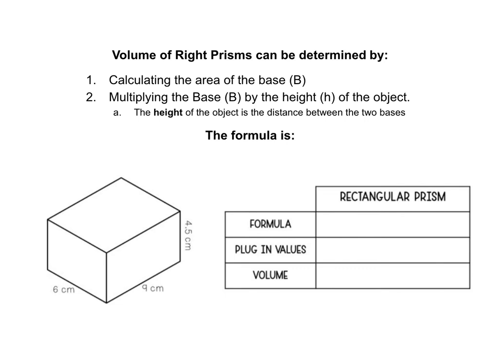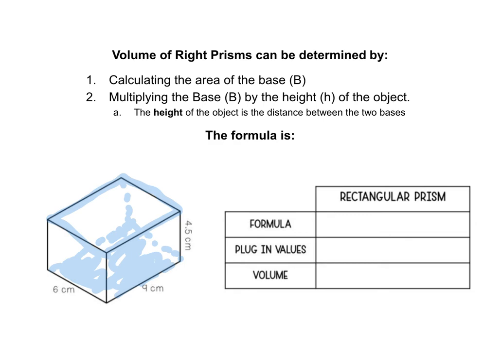So to calculate the volume of a right prism, or how much space this prism takes up, first we want to calculate the area of that base, and then we will multiply the base by the height of the object. I kind of think of it as, if this is our base right here on the top, there's one of our bases. And you can imagine we have another one down here. Imagine with me.